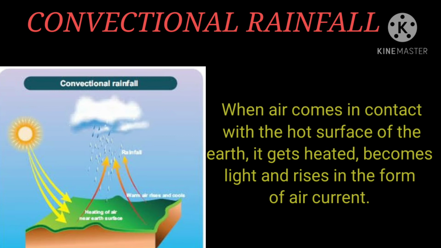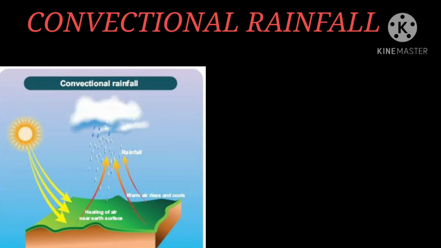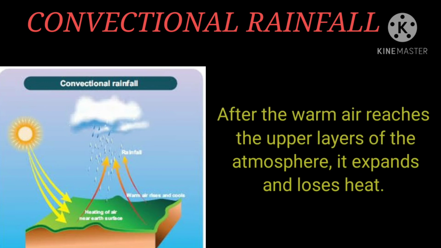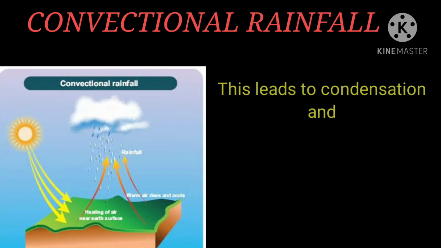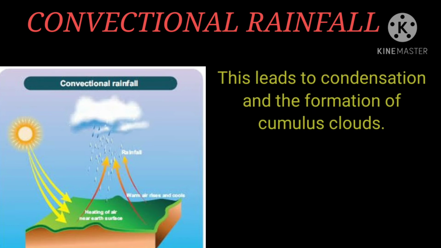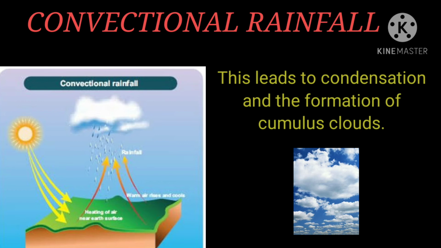When air comes in contact with the hot surface of the earth, it gets heated, becomes light, and rises in the form of air current. After the warm air reaches the upper layers of the atmosphere, it expands and loses heat. This leads to condensation and the formation of cumulus clouds.